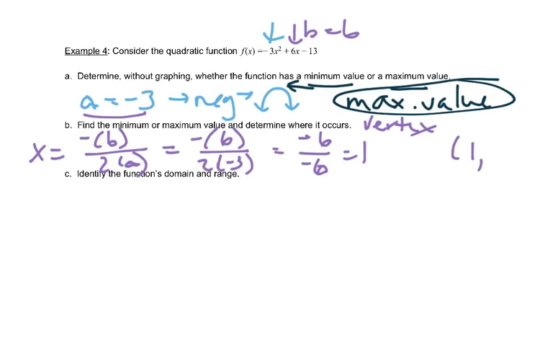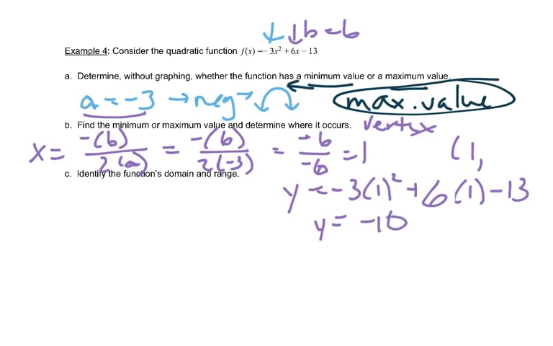And then we need to stick that back into the equation to find y. So we have -3 times 1 squared plus 6 times 1 minus 13. You can type that into your calculator all at once, and you get y is -10.